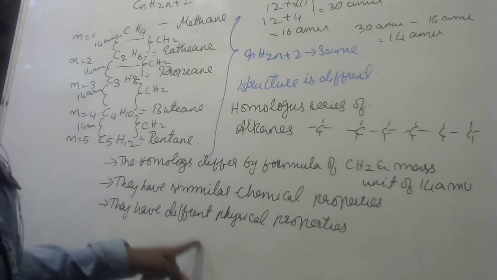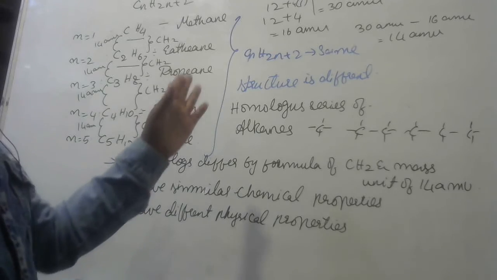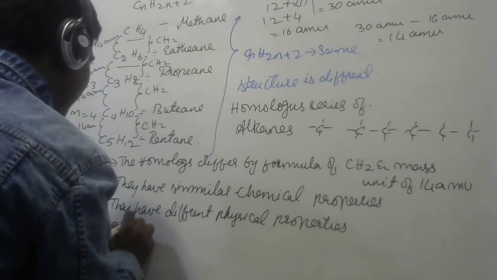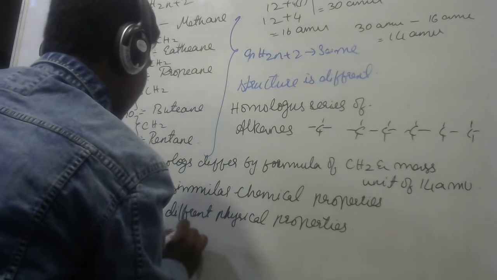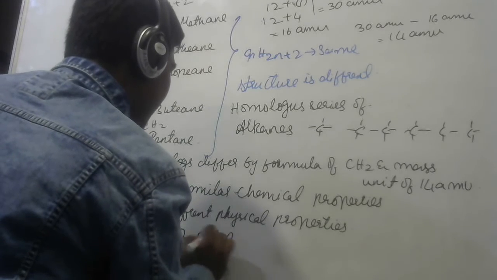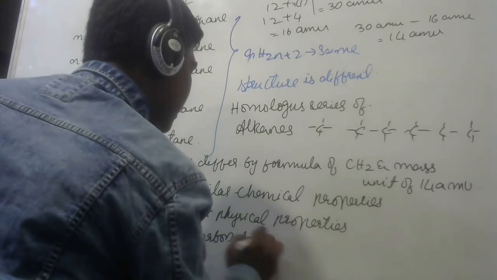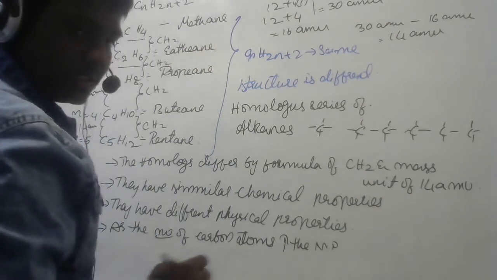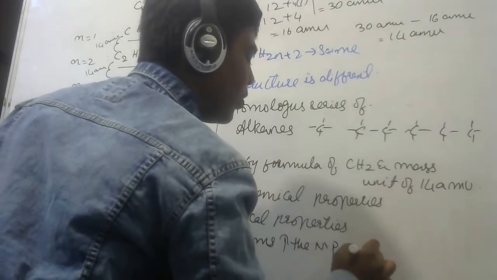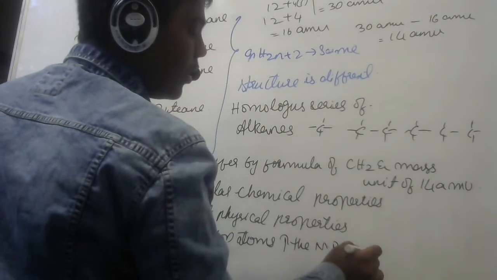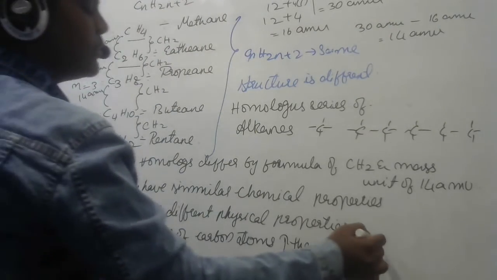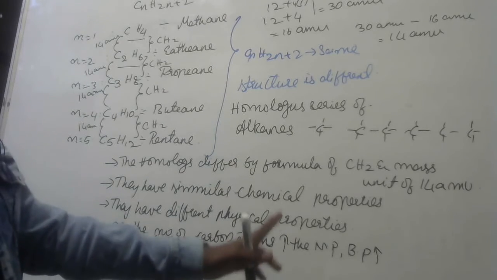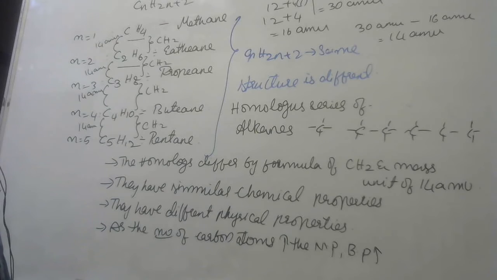And they have different physical properties, as the arrangement of hydrogen and carbon atoms is different, and as the number of carbon atoms increases, the melting point and the boiling point also increase. The symbol of this means increases.